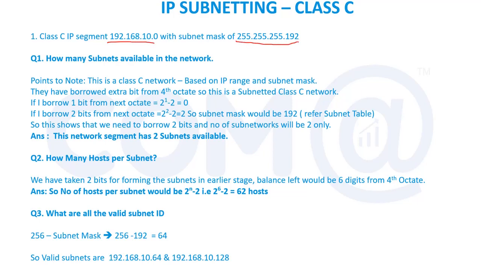In the previous examples, they gave the IP address and asked for 10 subnets, 15 subnets, the numbers. But now here they are directly giving the subnet mask. They'll ask some standard questions in exams or in interviews based on subnets.